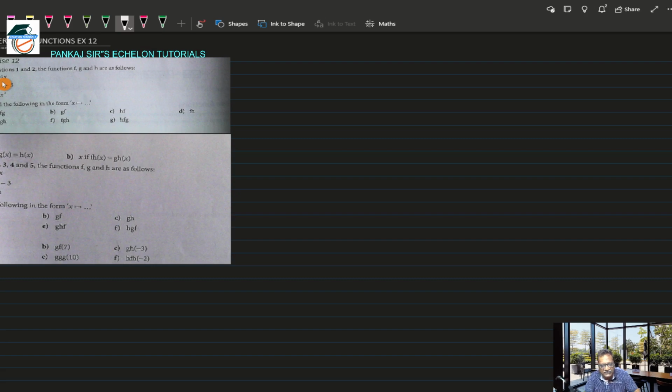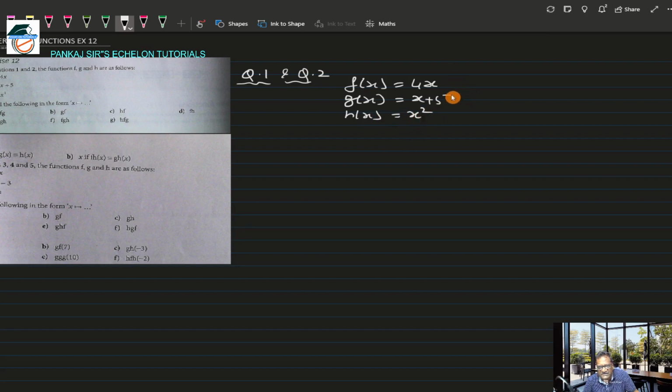I'll write down the functions first: f of x is equal to 4x, g of x is equal to x plus 5, and h of x is equal to x squared.